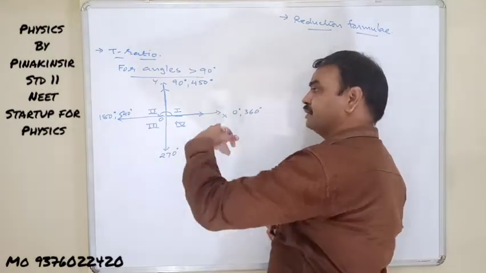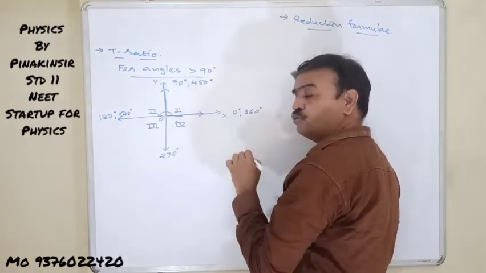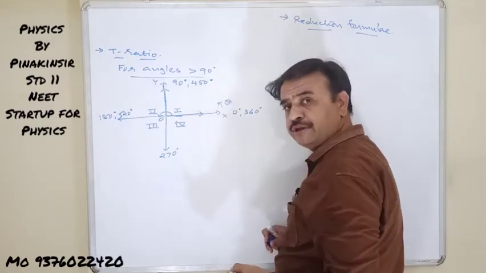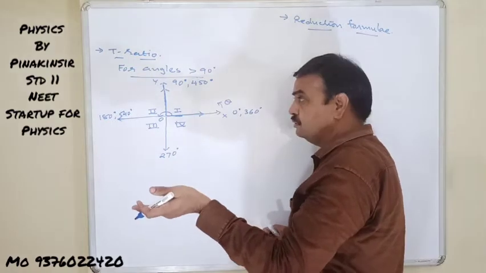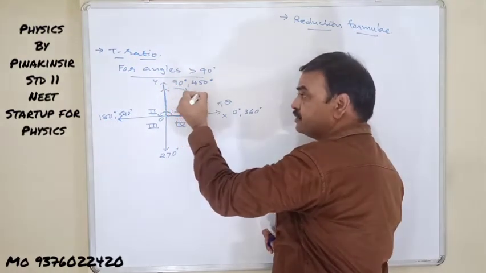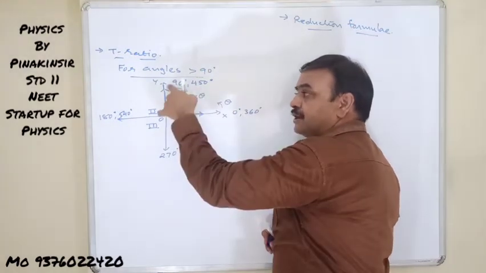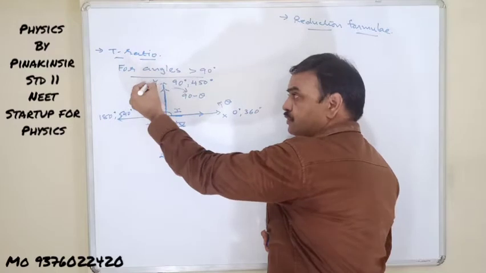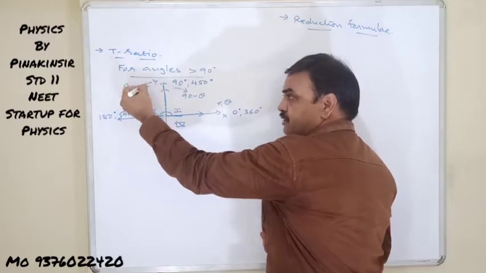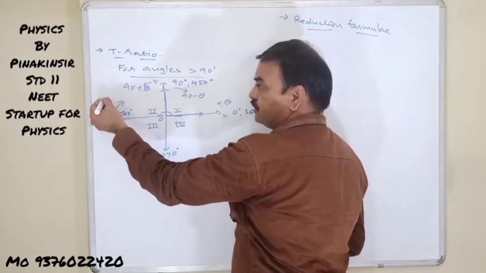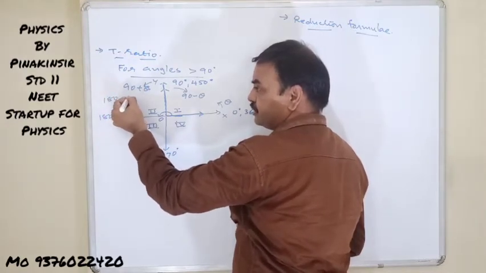If you measure the angle anti-clockwise starting from the OX line itself, then the angle is direct theta. And if you measure clockwise from the y-axis, then the angle will be equal to 90 minus theta. Starting from the y-axis, if you measure the angle anti-clockwise, it will be 90 plus theta. Here it will be in reverse order, which gives you 180 degrees minus theta.